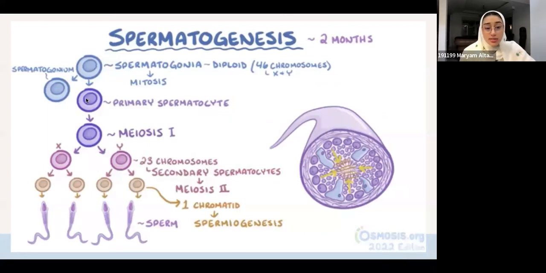Then by mitosis, it's going to form a spermatogonium and our primary spermatocyte. The reason this is important is because you need continuous production of your spermatogonia to keep going back into the cycle again and again. Your primary spermatocyte, okay, then undergoes meiosis 1 to form our secondary spermatocytes.